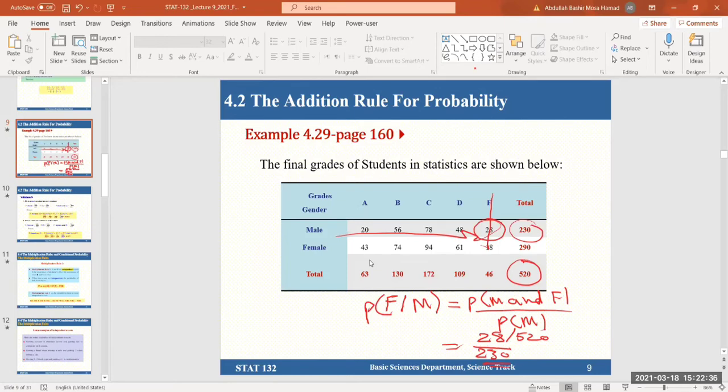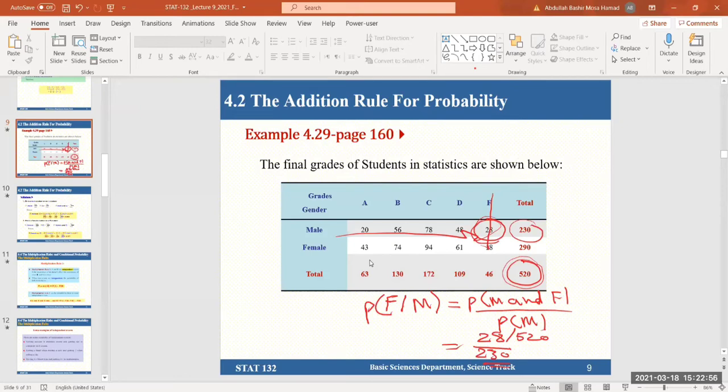We said male, why do we divide by the total? P of the intersection, P of male and F, is 28 over the grand total. How many students with F and male? 28 students.